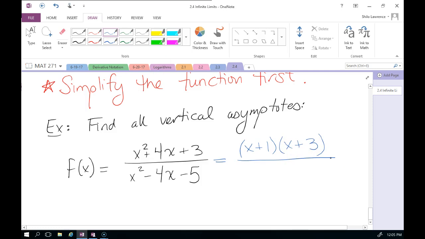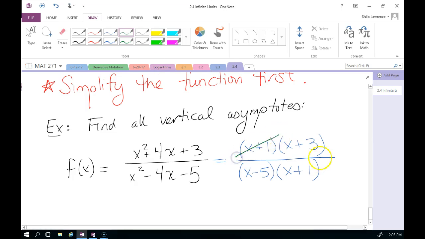My denominator, x squared minus 4x minus 5, is going to factor to x minus 5 times x plus 1. And if we have any common factors between our numerator and denominator, we can cancel them because it would be like dividing something by itself, which is always equal to 1, and multiplying by 1 doesn't do anything.